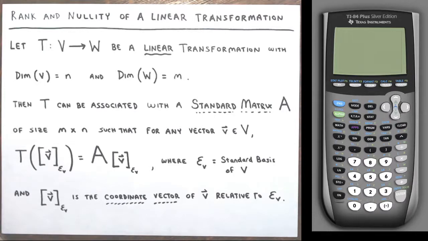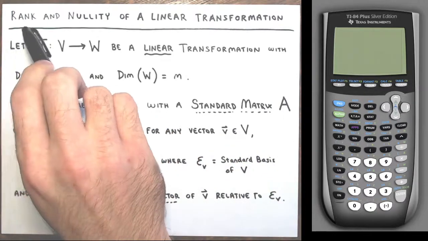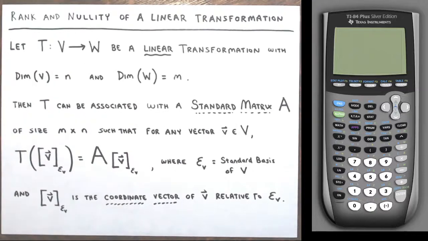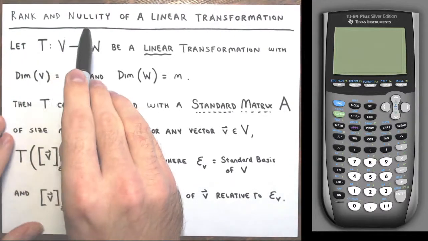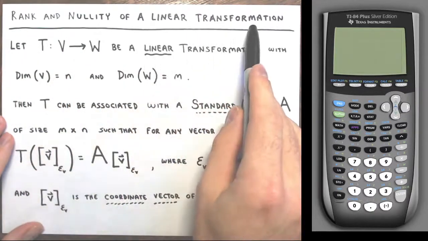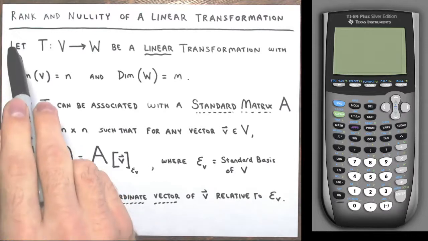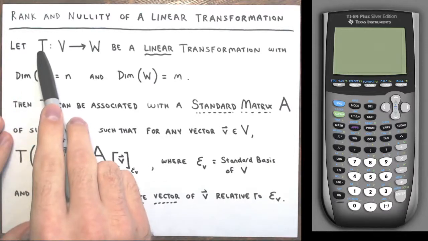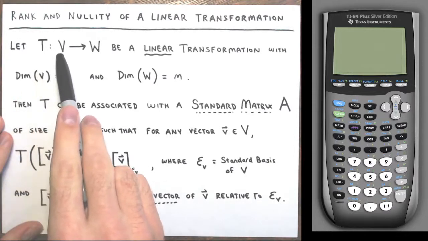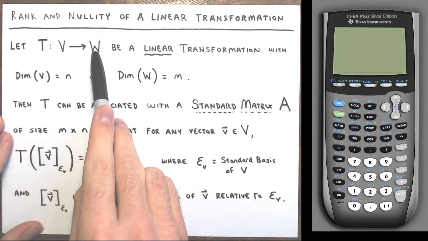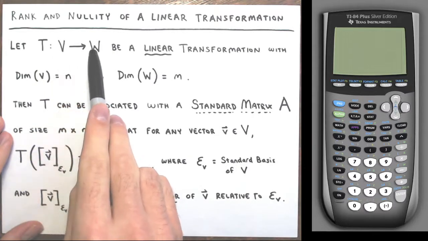So to start here, we're talking for the next few pages about the rank and nullity of a linear transformation. This first page really has nothing to do with rank and nullity. It's going to lead up to it. So suppose T is a transformation between vector spaces V and W, domain and codomain.